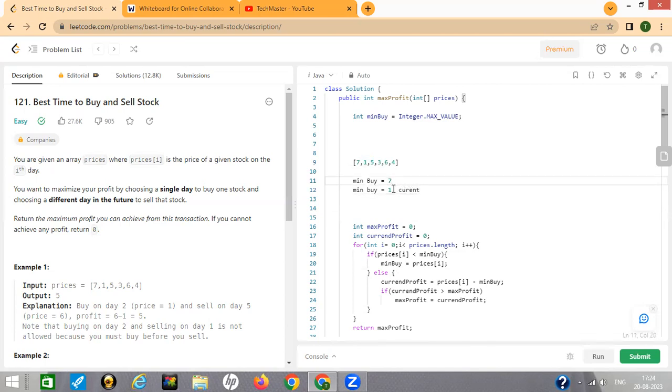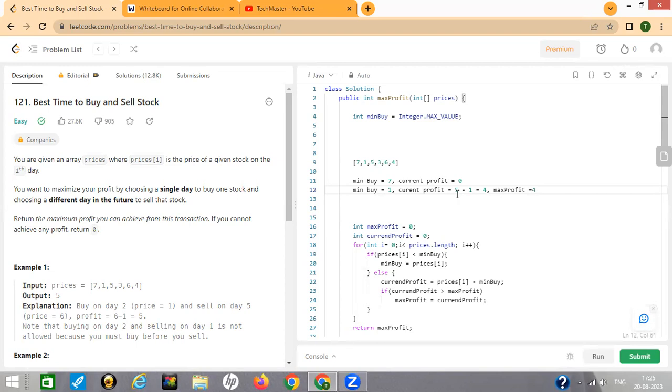And our current profit, initially, was 0. So now current profit will become 5 minus 1. So price i, the 5, minus minimum buy, 5 minus 1. Our current profit is, sorry, not 1, 4.